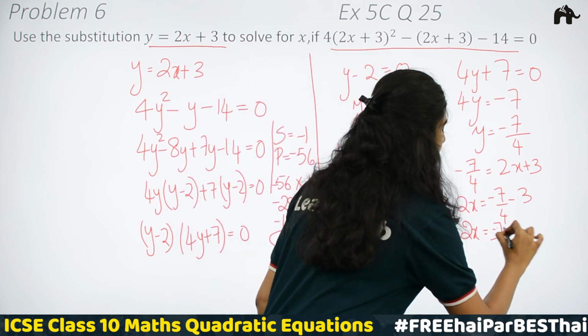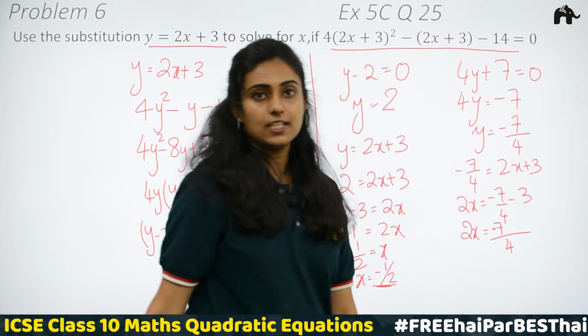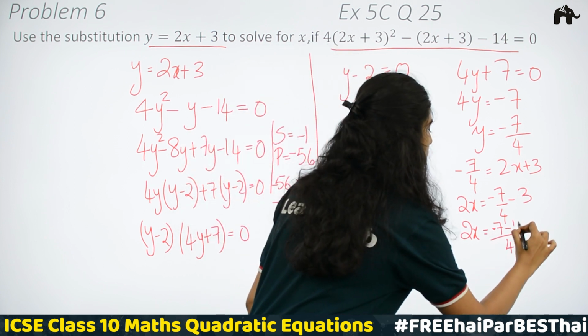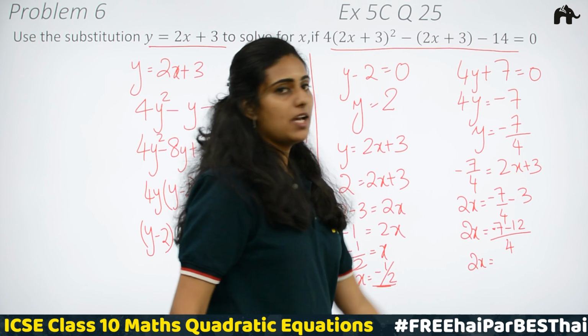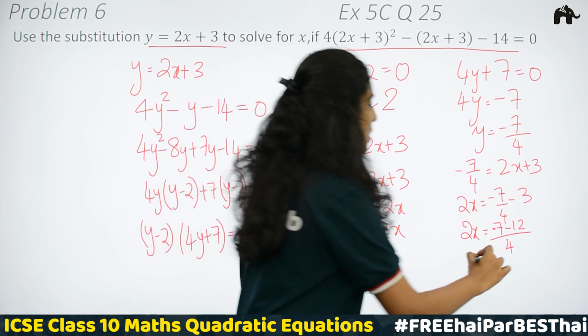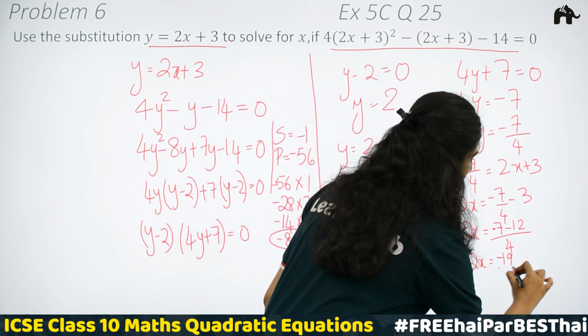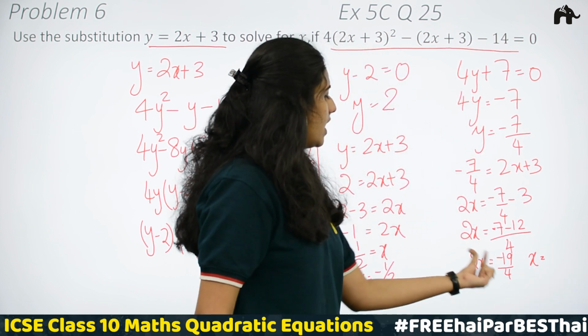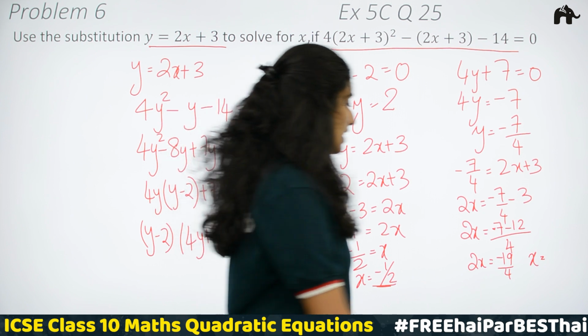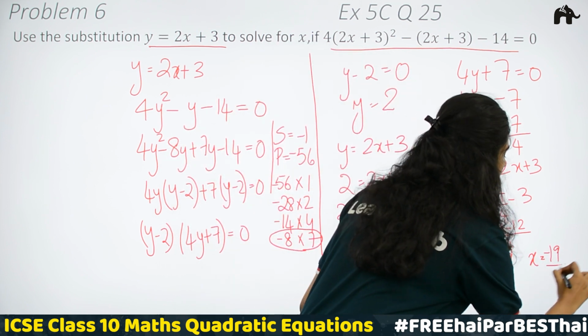Numerator we have minus 7, 4 into 3, that is 12, minus 12. 2x is equal to minus 7 minus 12 is minus 19 by 4, or x is equal to minus 19 divided by 2 into 4, that is 8. Minus 19 divided by 8.